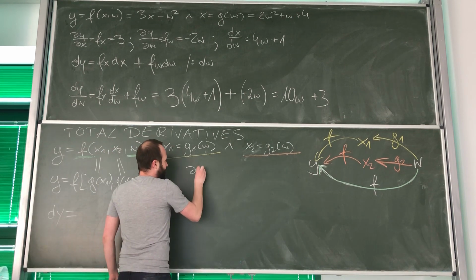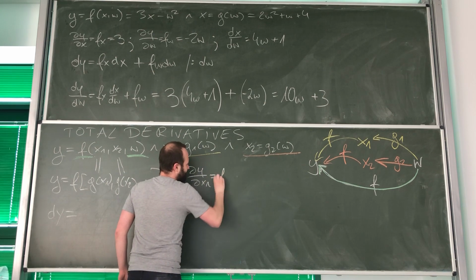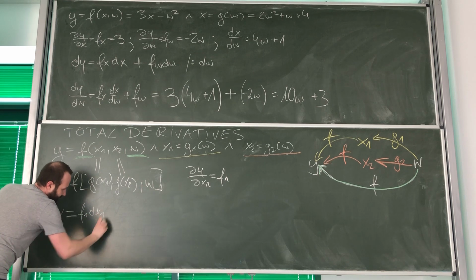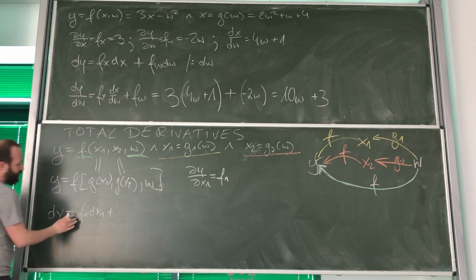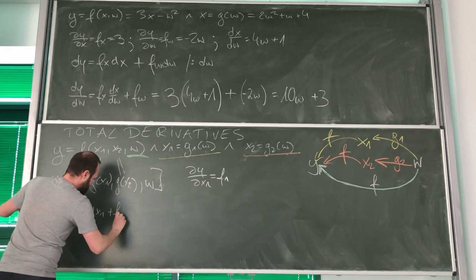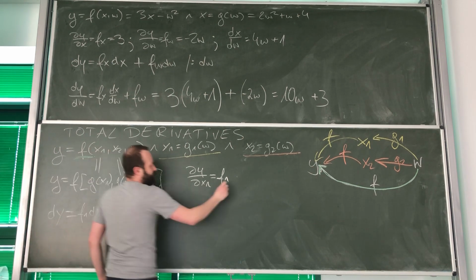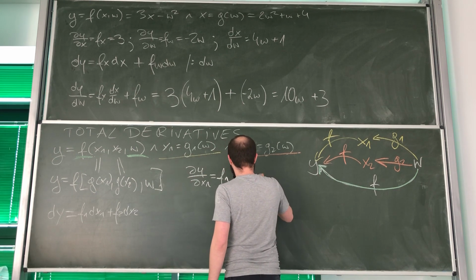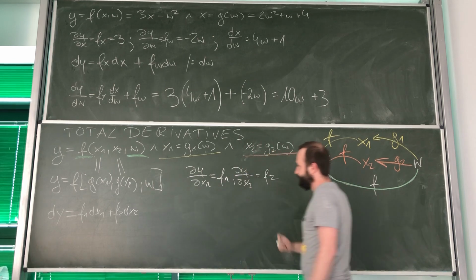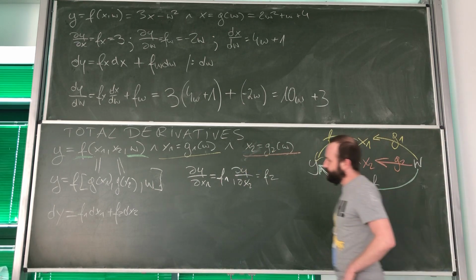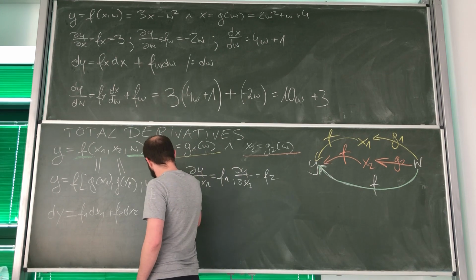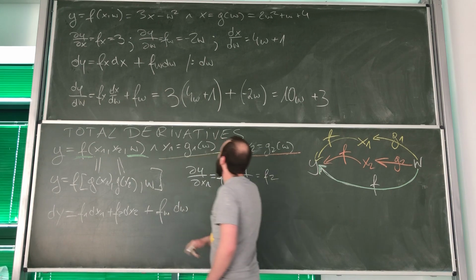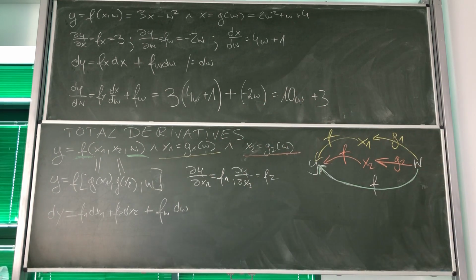Let's just say that dy dx1 is some f1. So we've got f1 dx1 plus, of course, f2 dx2, where of course f2 is simply partial derivative of y with respect to x2. Okay, and finally, the third source of change is w, so we've got fw in the same way as we did before, dw.